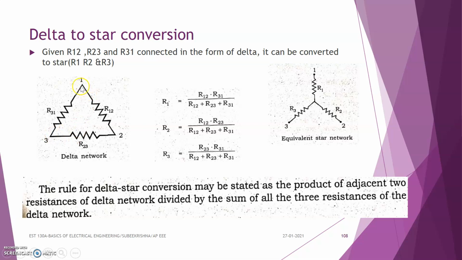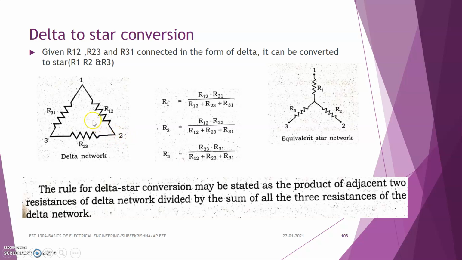For finding the value of R1, we should multiply the resistances which are connected to both sides of this R1. So here it is R12 and R31 divided by the total delta connected resistance, that is R12 plus R23 plus R31. And the second star connected resistance is connected to the point 2 and it is R2.